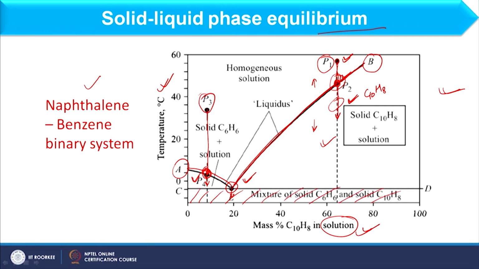So, beyond point E, the whole solution will be solidified. However, above point E, it will depend on the curve whether naphthalene or benzene will be crystallized, right. In this way we consider solid liquid phase equilibria, and this curve directs us at what condition we can form the crystal of a particular solute.